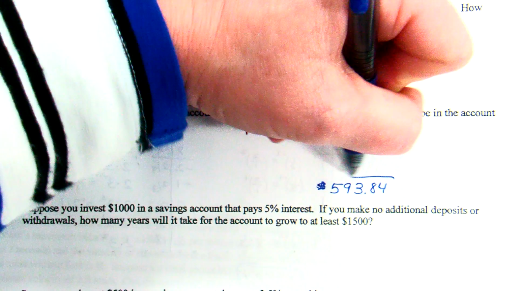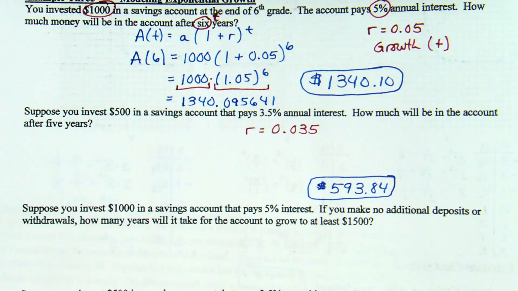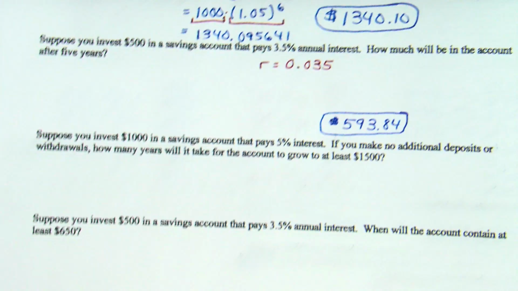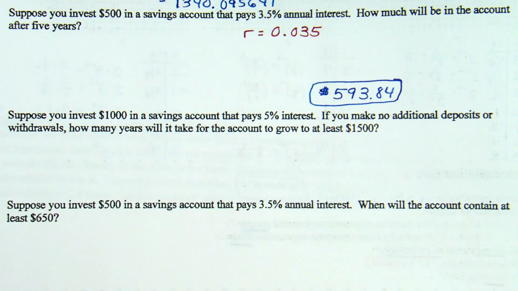I'm going to tell you the answer is $593.84. I have confidence you can get that on your own, though. If you disagree, check with me and we'll figure out what went wrong. Or if we need to, we can come back if we had time at the end of class. But I want to make sure we get through what we need to here.